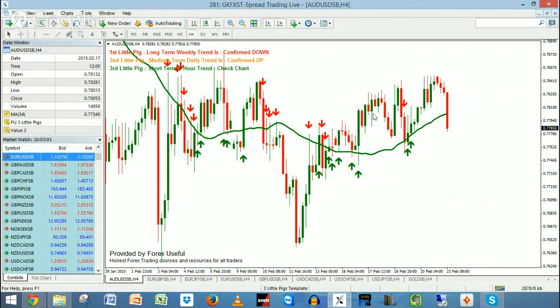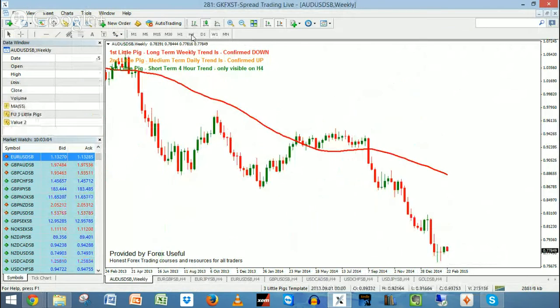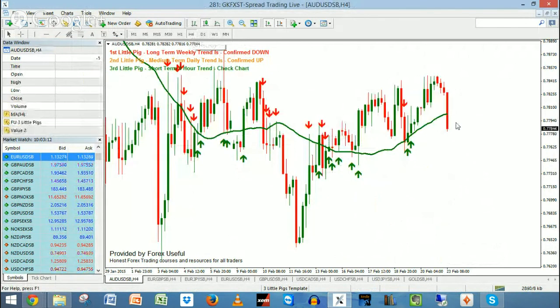We won't be looking at long positions here for a while because of the daily being down here, and over something like 1,000 pips away from this moving average. So just looking for sell setups here, and we may well get one, if not on this candle, maybe on the next one, but potentially today or this week we can get a new signal to the downside on Aussie dollar.